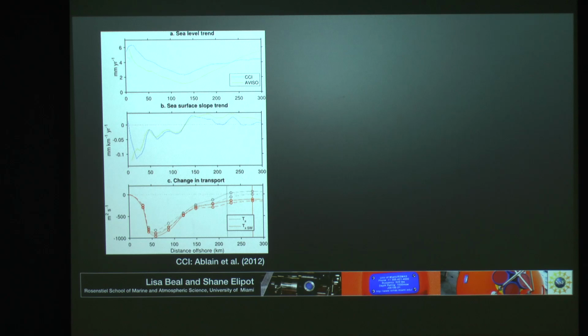And you'll see that both of these data sets show a sea level trend which is a maximum at the flanks of the current and a minimum near the jet core. And if you look at what that means for sea surface slope, remembering that sea surface slope is everywhere positive across the Agulhas Current, then the slope is weakening inshore and strengthening offshore.